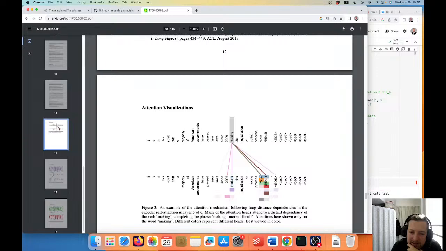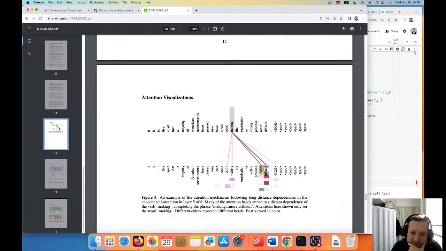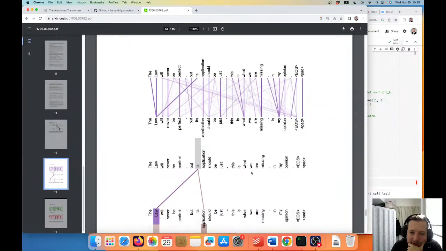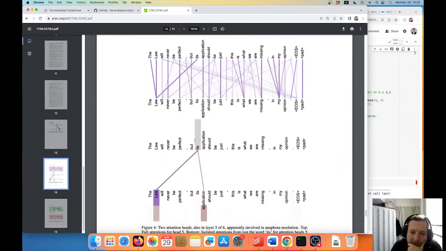So somehow it understands this grammatical structure, making more difficult. Or here, the law will never be perfect, but its application should be just. And so it connects its to law and application.